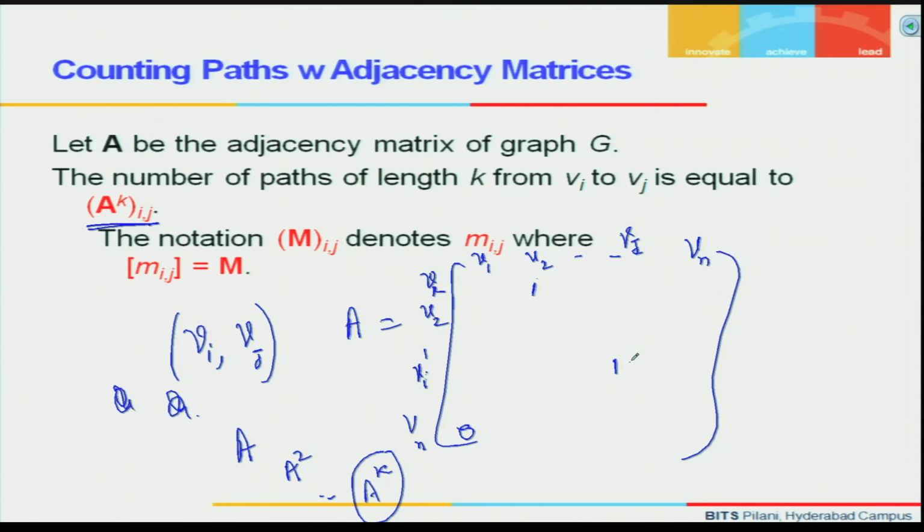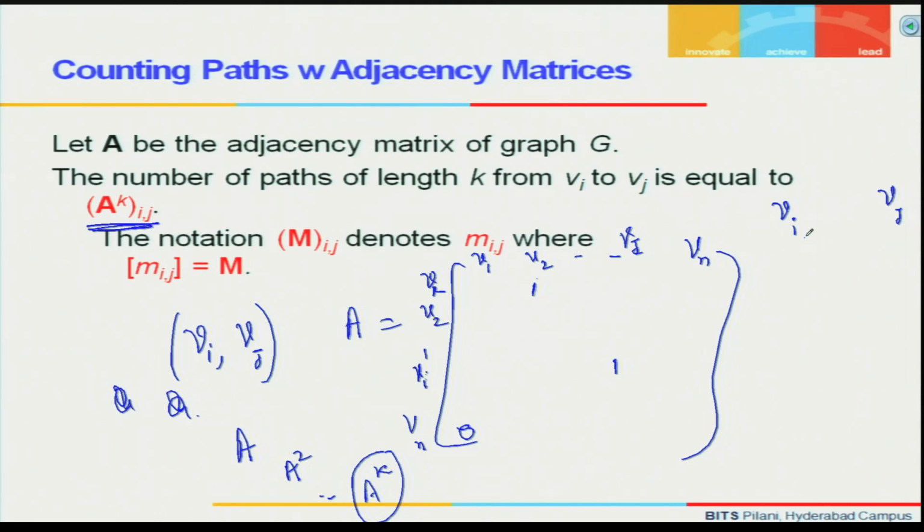In the product A power k, the value in the ith row and jth column is nothing but the number of paths of length k from Vi to Vj. It represents how many paths are available from Vi to Vj. The length of the path is how many edges lie between Vi and Vj.